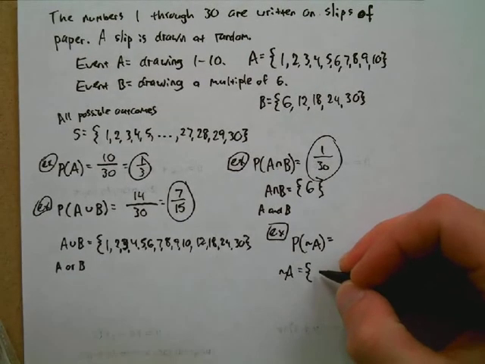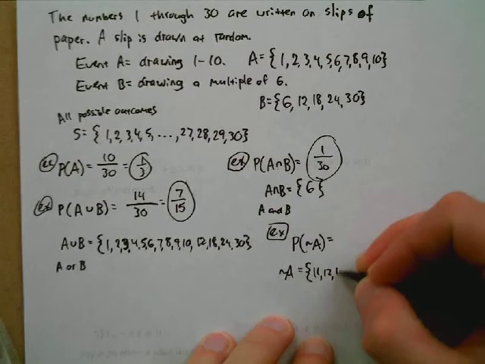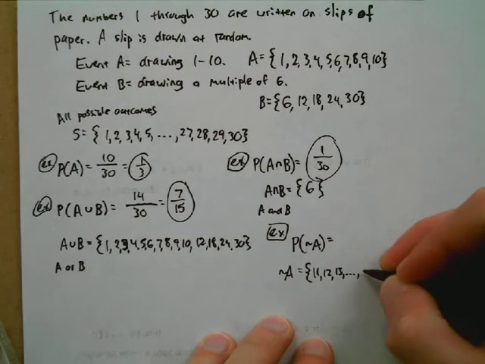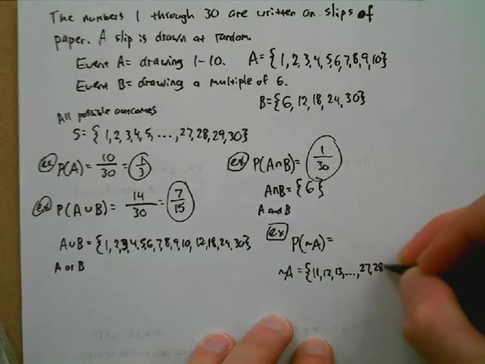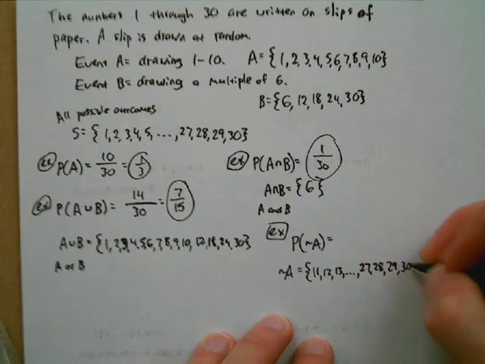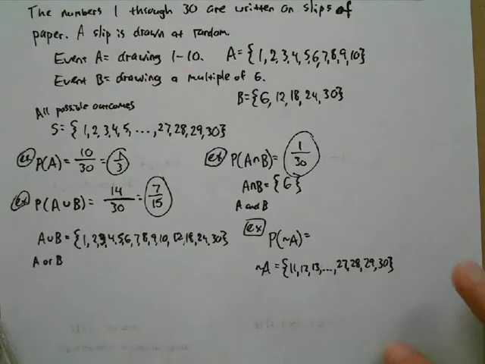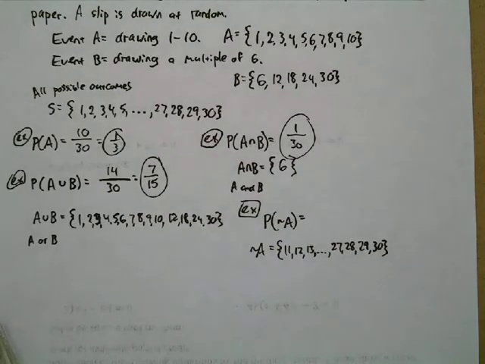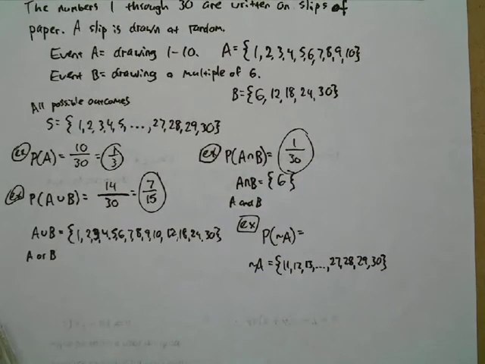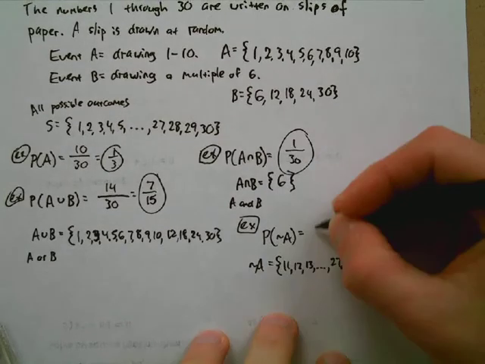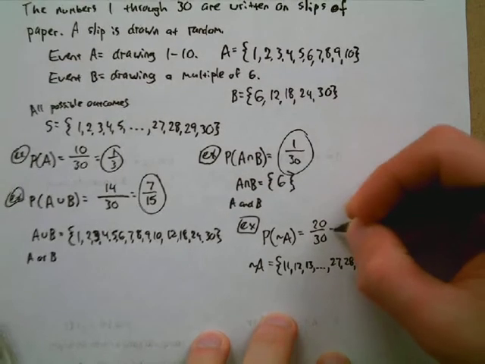So 11, 12, 13, all the way up to 30. So how many elements is that going to be? If A has 10 and there's 30 total, that means there's got to be 20 that are not in A. So 20 out of 30, which simplifies to 2/3.